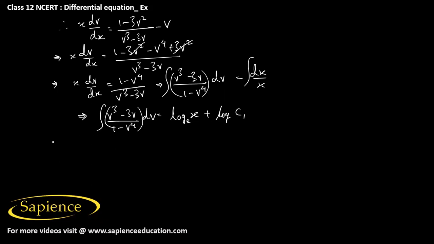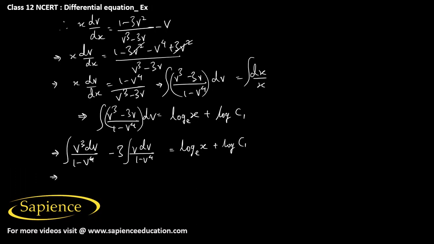Then we can write this as the integral of v³ dv/(1 − v⁴) minus 3 times the integral of v dv/(1 − v⁴), equal to log x plus log c1.